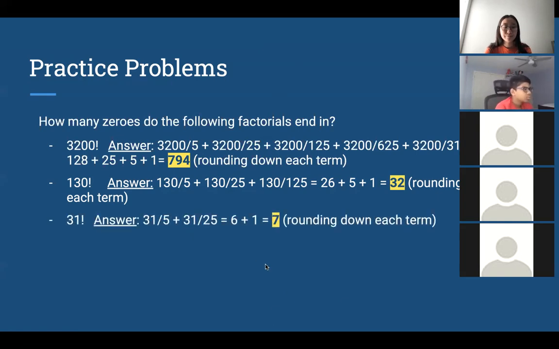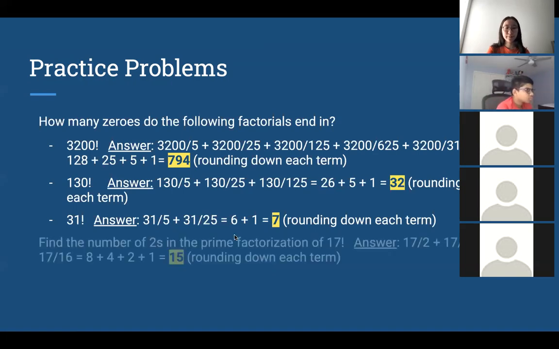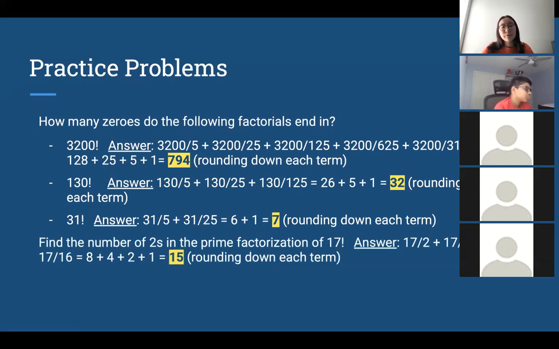31 has the same principle, but you only go to 25 because it's a small number. You can't do 125 because 31 divided by 125 would be less than 1, so that's not even a possibility. You can apply the same rule for any prime, not just 5.